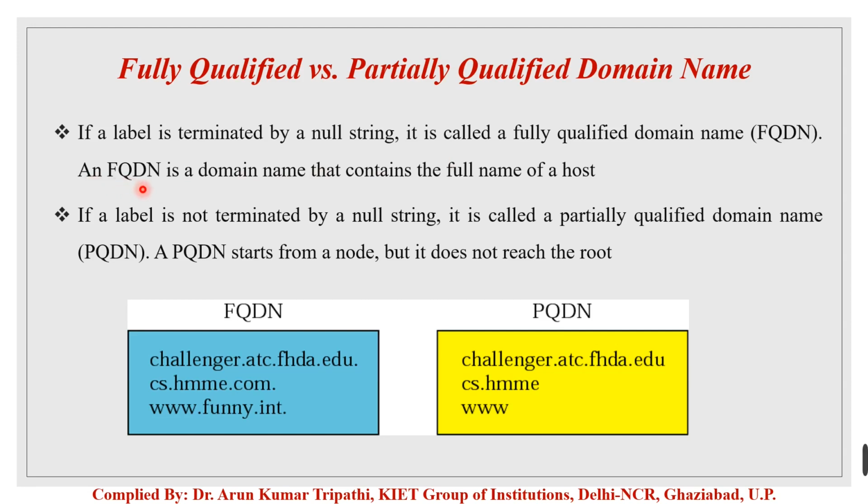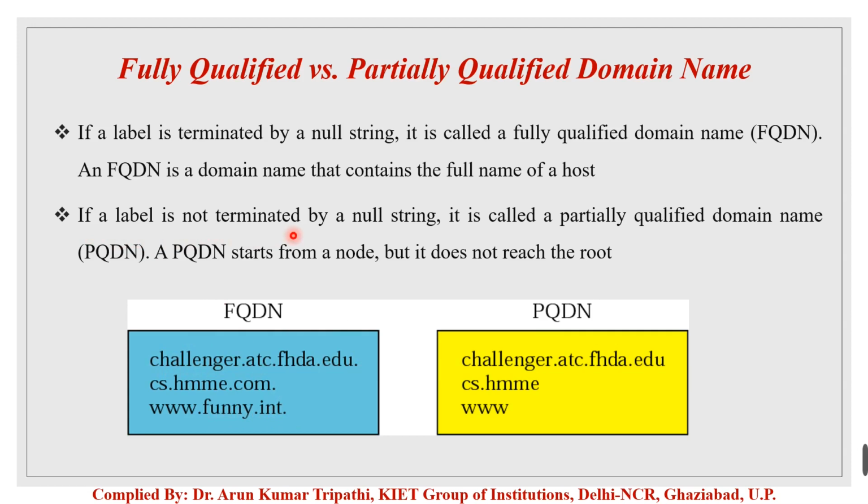An FQDN is a domain name that contains the full name of the host. Here you can see www.funny.int. At the last there is a dot. So it defines the complete name.